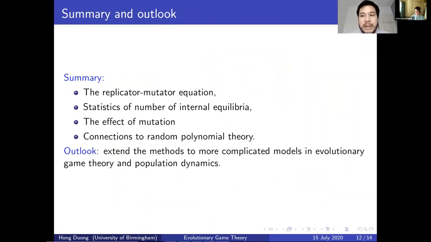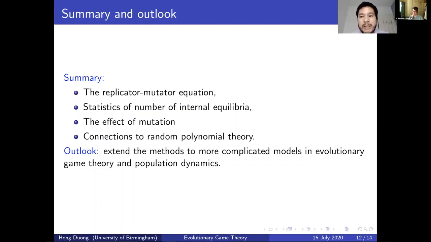To summarize, we have studied the replicator-mutator equation, which is a fundamental equation in evolutionary game theory and population dynamics. We study statistics of the number of internal equilibria and the effect of mutation.